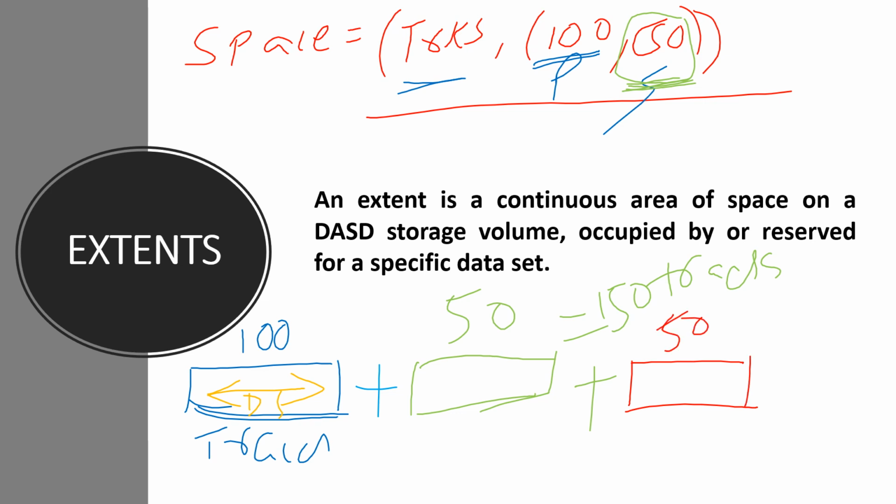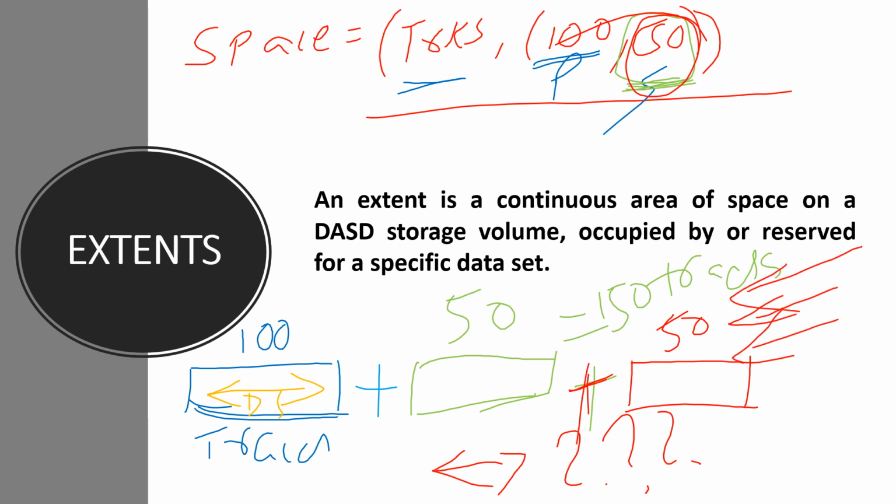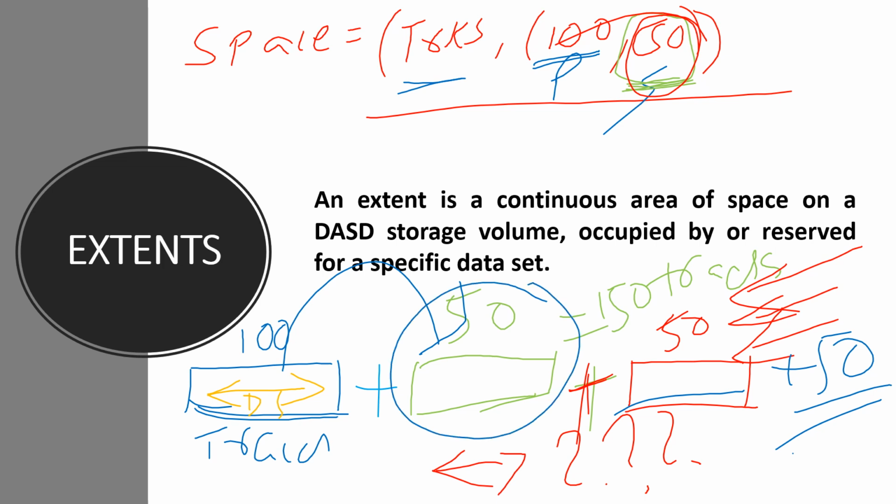So the question here is, how many times can this secondary space of 50 be added according to requirement, if more data is pumping into it? If you understand, this is what is called an extent: a continuous area of space on a direct access storage volume occupied by or reserved for a specific data set.